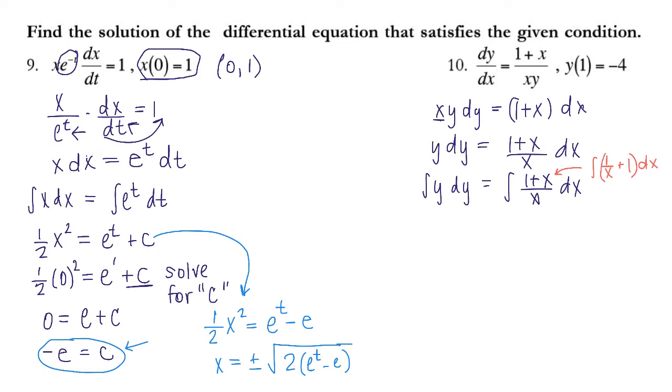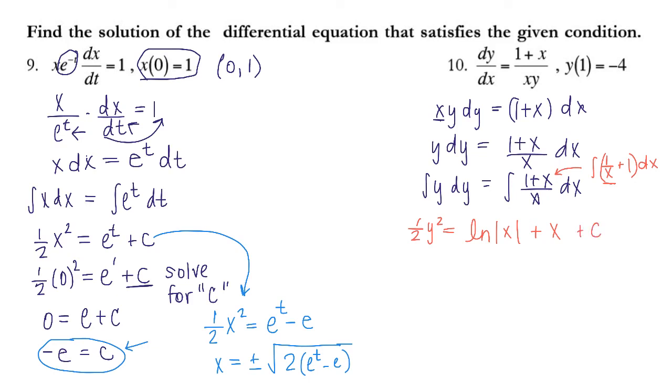So once we go through and we do our integration, let's see what we end up with. So we're going to have 1/2 y squared equals, and it looks like we're going to have natural log absolute value of x, because we're integrating 1 over x, plus x, and then plus c.